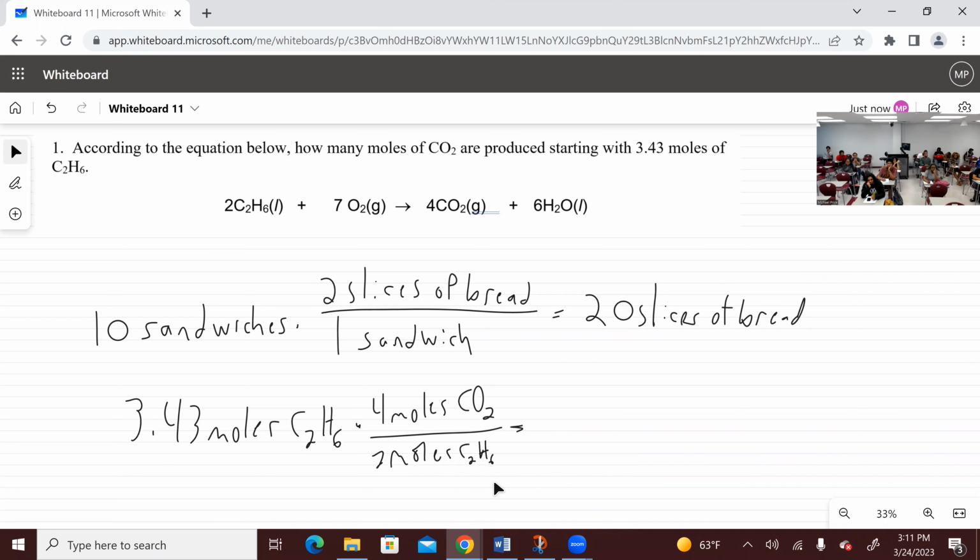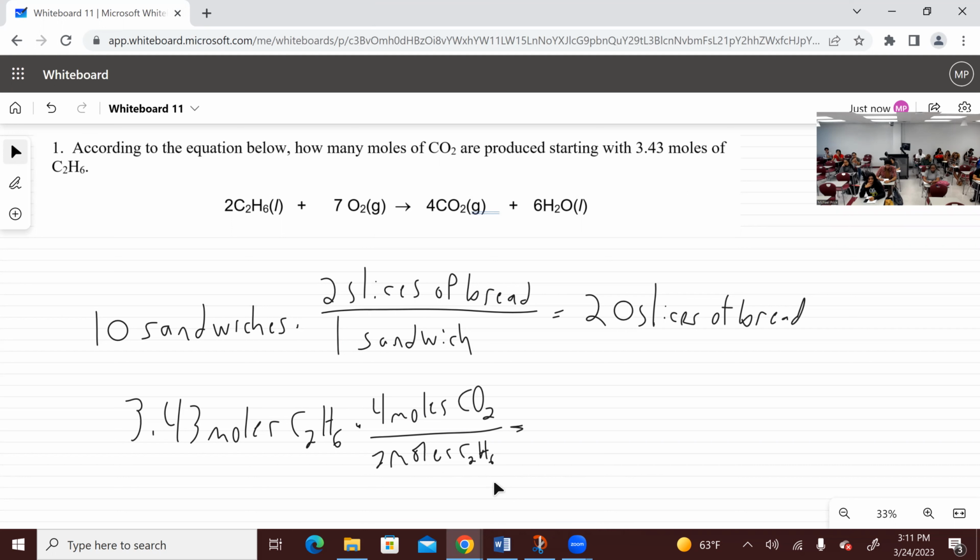Okay, so guys, I'm gonna go back to the bread analogy just so you guys can see this. I have 10 sandwiches, and I asked you for how many slices of bread. You guys said if I had 10 sandwiches, I'd have 20 slices of bread. The way we do this, even though you guys worked it in your head rather quickly, I might add, you said we have 2 slices of bread for every sandwich. So I write my given down, my 10 sandwiches, and then I'm going to do a little bit of dimensional analysis, if you will.